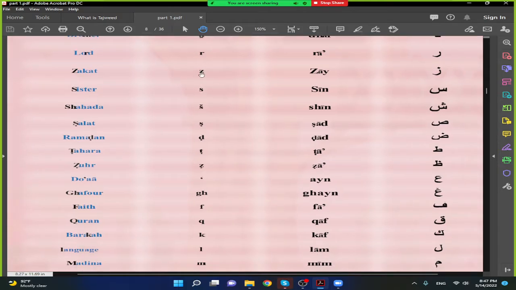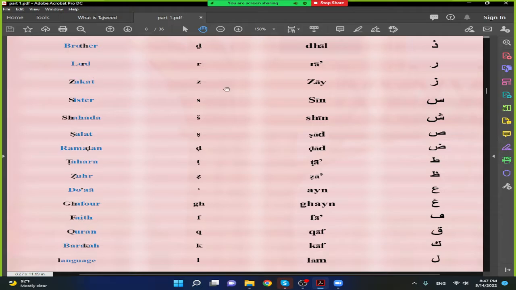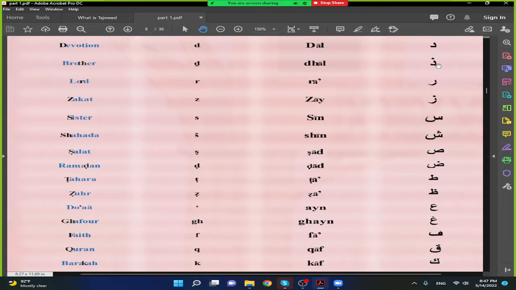Za starts with the Z sound, like in the word Zakat. What is this? Zakat. Okay. There are two letters that start with the Z sound: Zal and Zai, or Za. What is the difference between them?